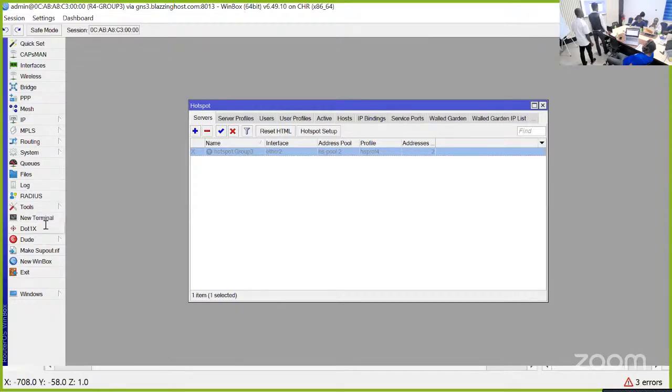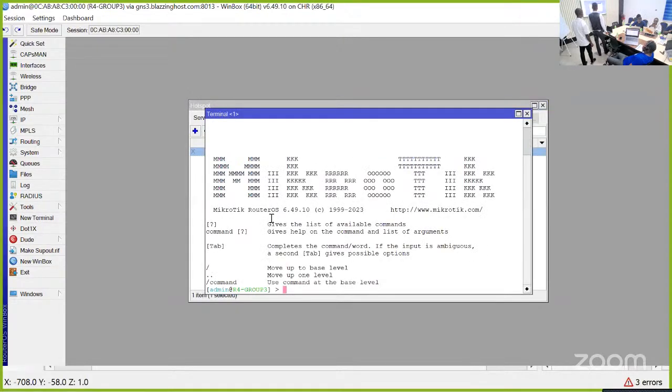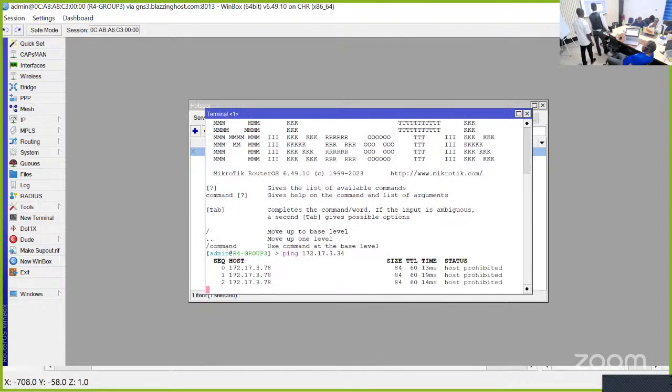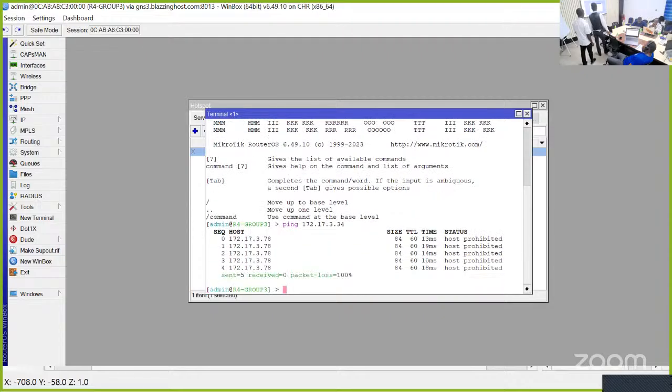If you don't remember the IP address of that computer, try to ping. 34. Let's see how the router talks to that network. We're going down to 172.17.3.34.